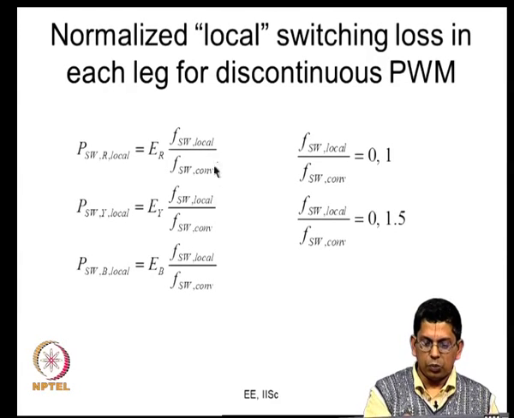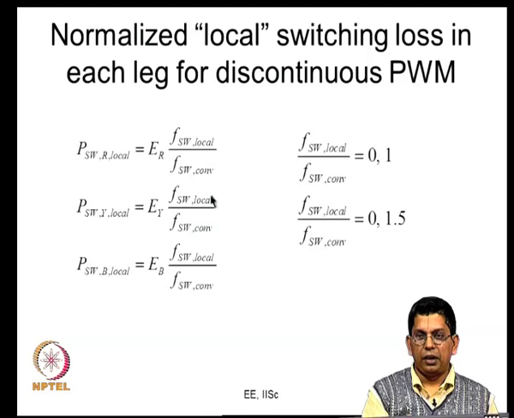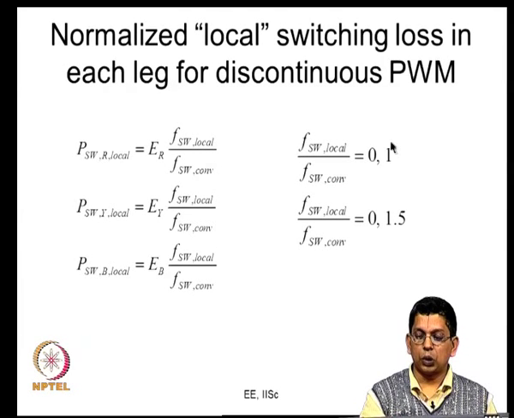Okay. Now, what about this ratio? When you are using a carrier frequency which is the same as the conventional space vector PWM and the phase is switching, then FSW local by FSW conventional is equal to 1. But the phase may not switch always, the phase may be clamped. If the phase is clamped, then FSW local by FSW conventional is 0, so there is no power loss in that.